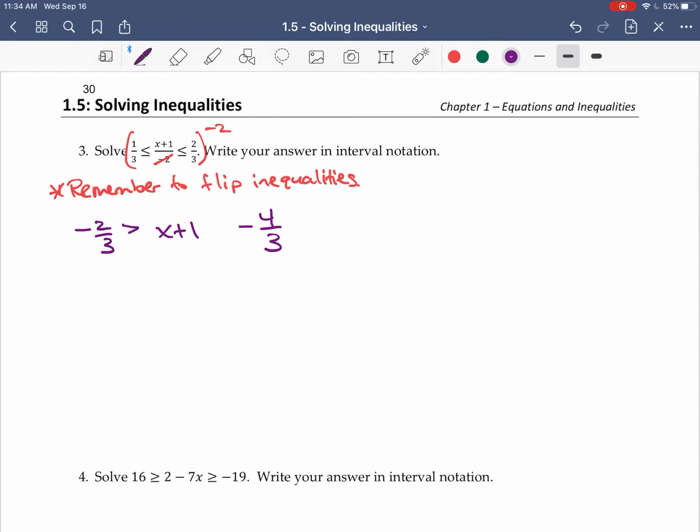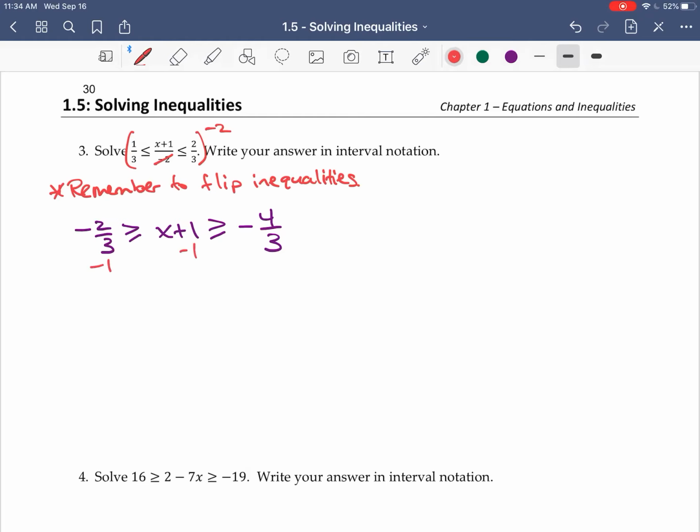The inequalities have to go this way now, so instead of less than or equal, I now have greater than or equal. It's also helpful to notice that this term is actually bigger than this term, so that still makes sense, since they're going in the opposite order.